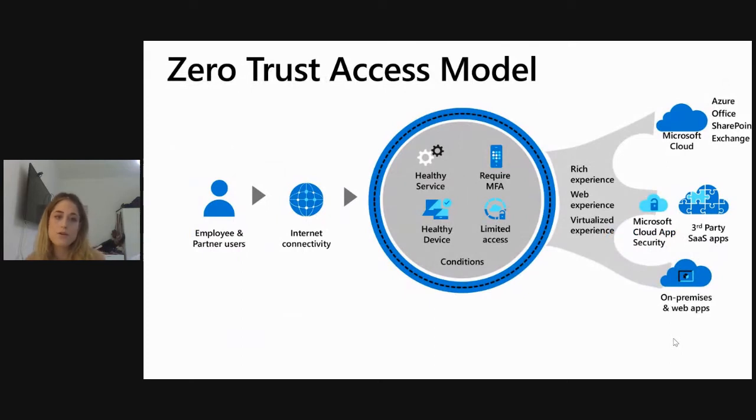The model says everyone is coming through the internet, and we look at certain parameters or characteristics of the specific session in order to decide what to do. We have no trust in the session or in the user that says who they are, and based on some parameters we decide how much we trust them and whether we want to challenge them again.